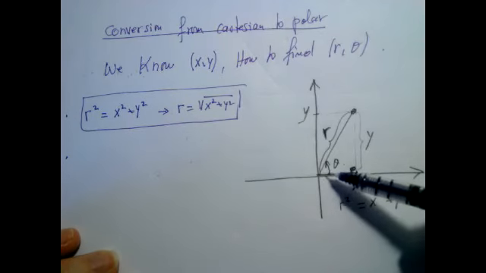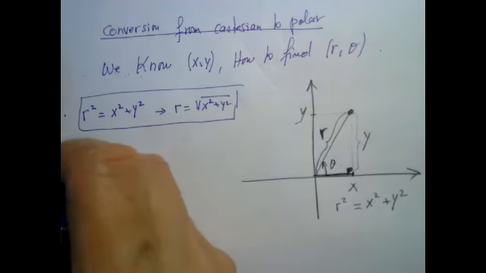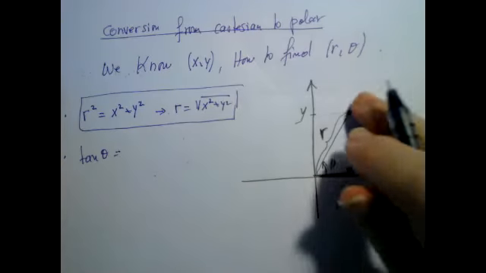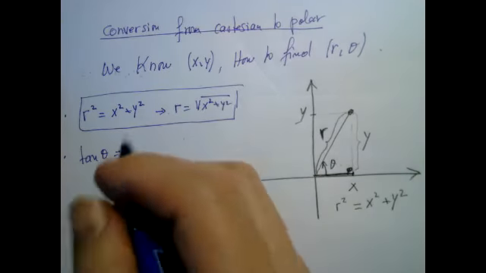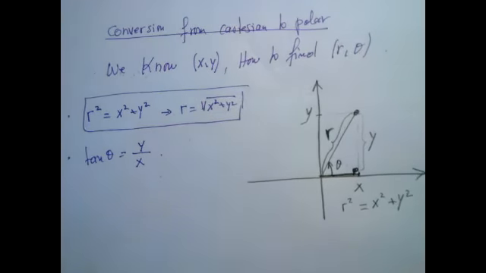So if this is theta, I can use the tangent. So the second part is tangent theta, because I have the y and I have the x, it's going to be y over x. Now, this will give me the tangent.